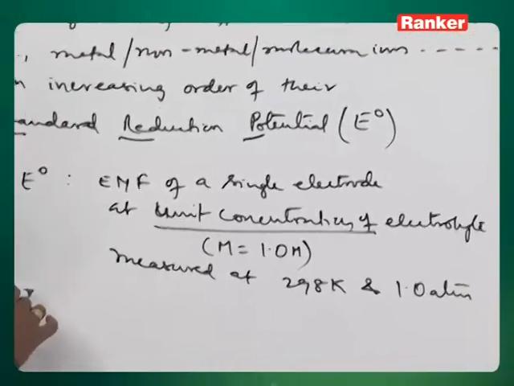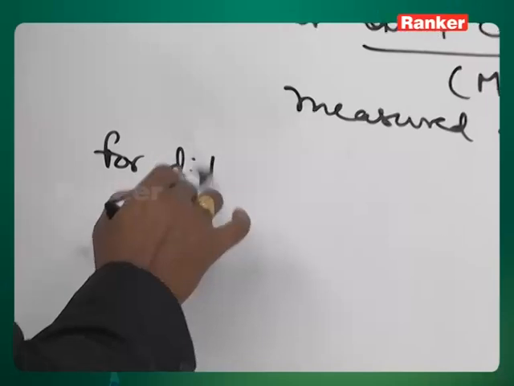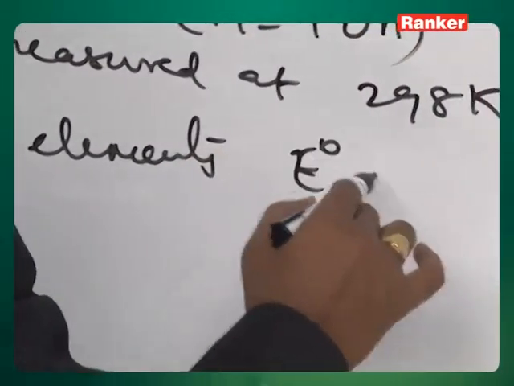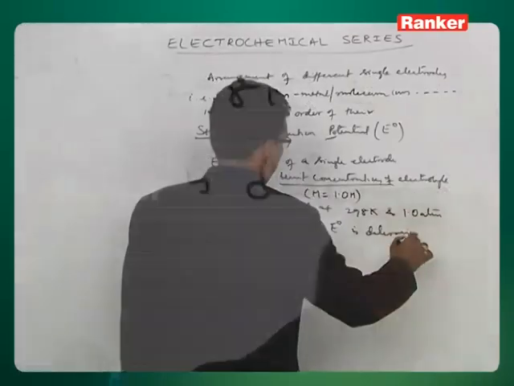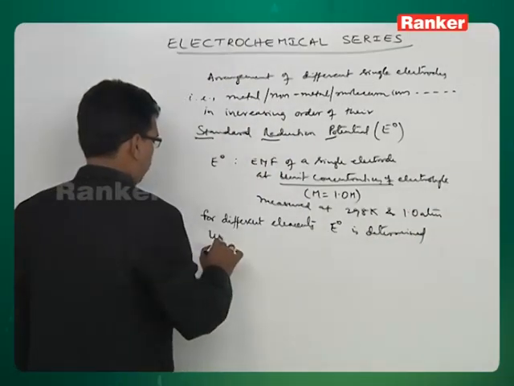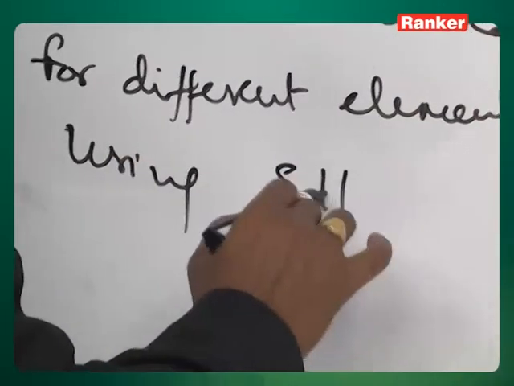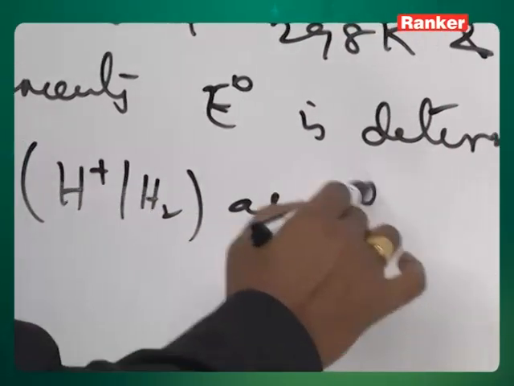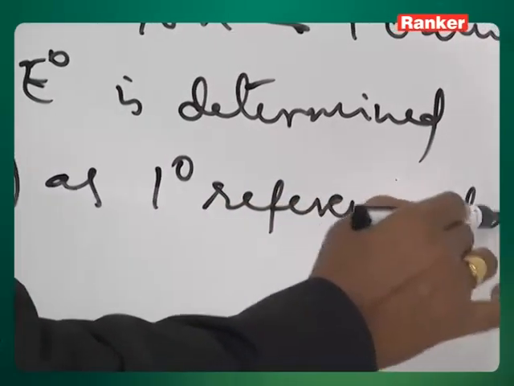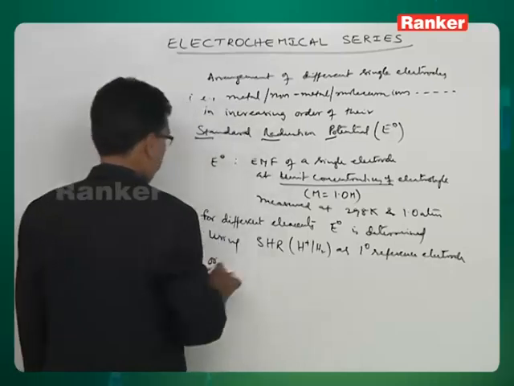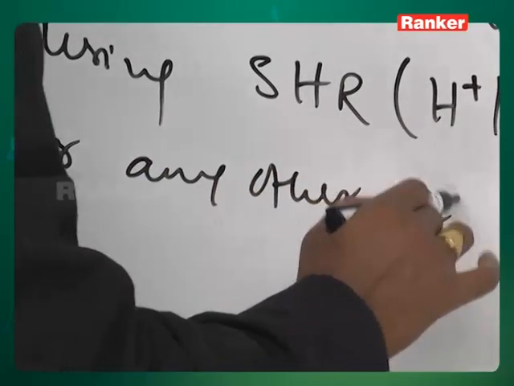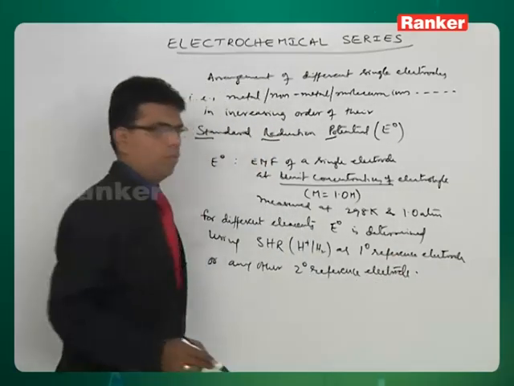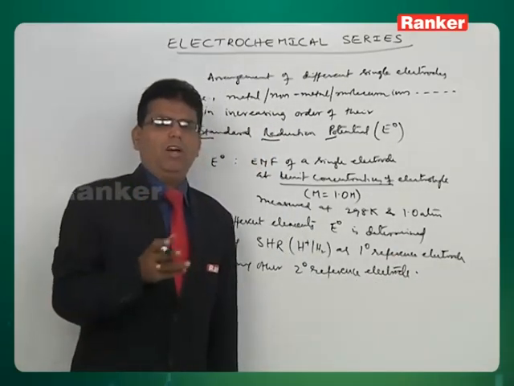Now, for different elements, E naught values are determined using the standard hydrogen electrode as the primary reference electrode, or any other secondary reference electrode, that is either using the calomel electrode or the quinhydrone electrode.